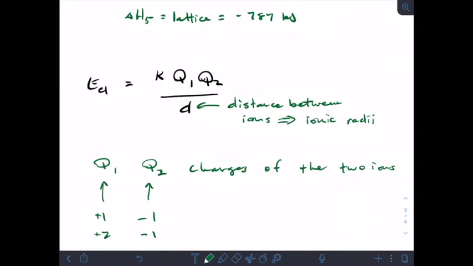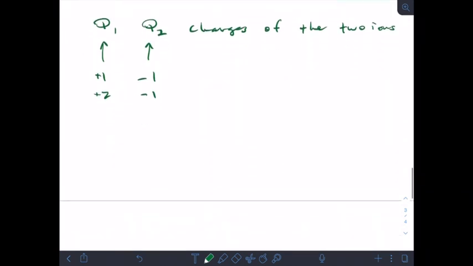So looking at this equation, we want to pay attention to the fact that as the charges get larger for the individual ions, that pushes up the energy, the lattice energy. As the ionic radii get larger, that pushes down the energy. Okay, so just based on periodic trends, which we talked about in the last chapter, we can just look at what we know in terms of radii, and we already know about charges.